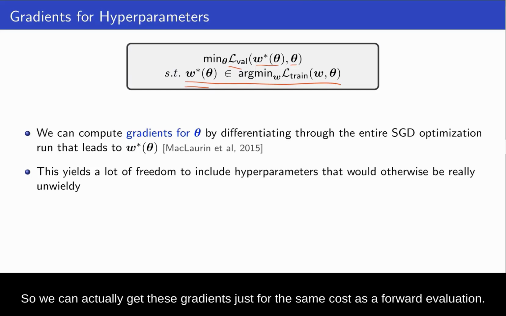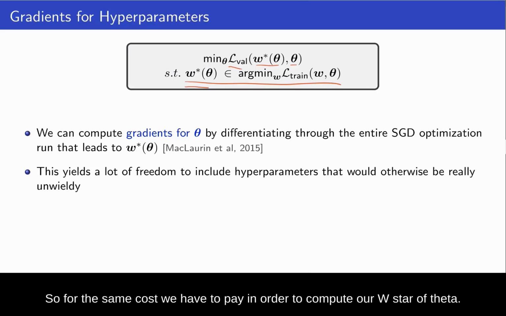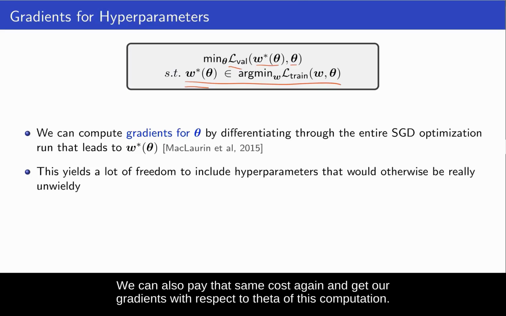So we can get these gradients for the same cost as a forward evaluation. For the same cost we have to pay in order to compute our W star of theta, we can also pay that same cost again and get our gradients with respect to theta of this computation.